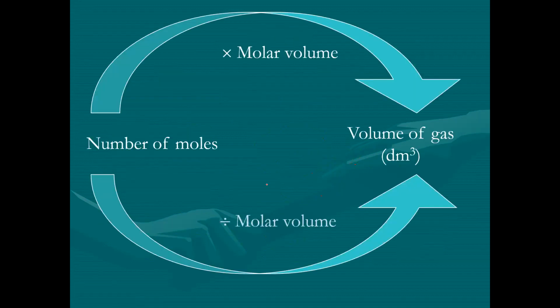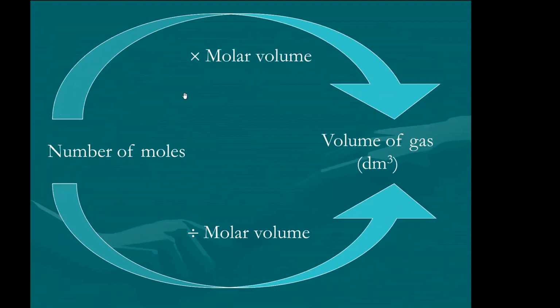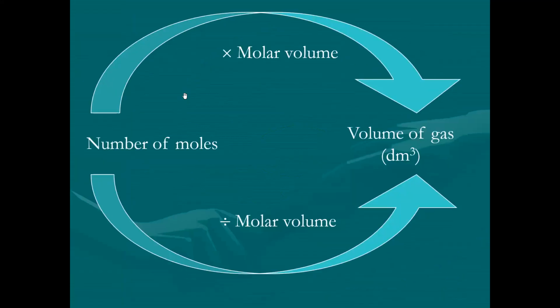Okay, formula to memorize here. Number of moles is equals to volume over molar volume. So you notice, in all the three formulas I gave you, there's something that you already know.